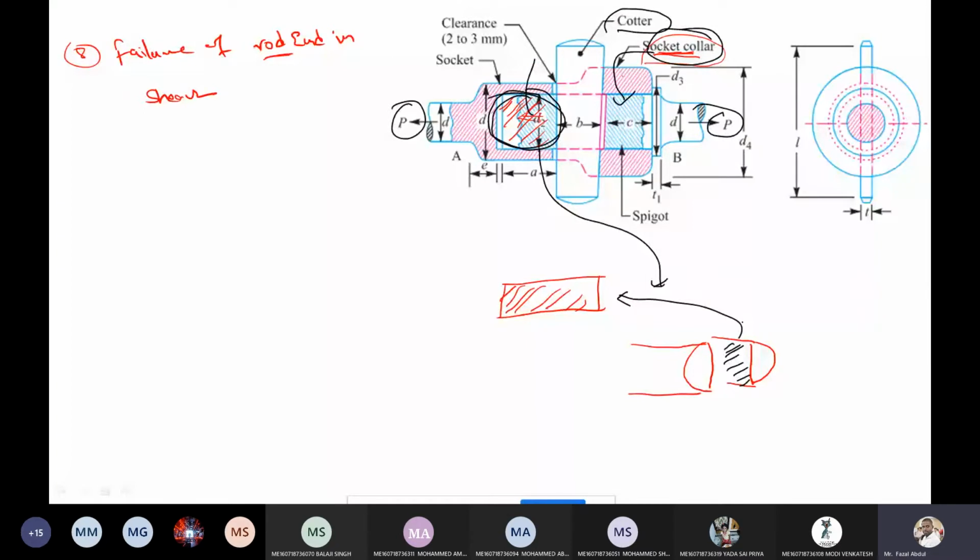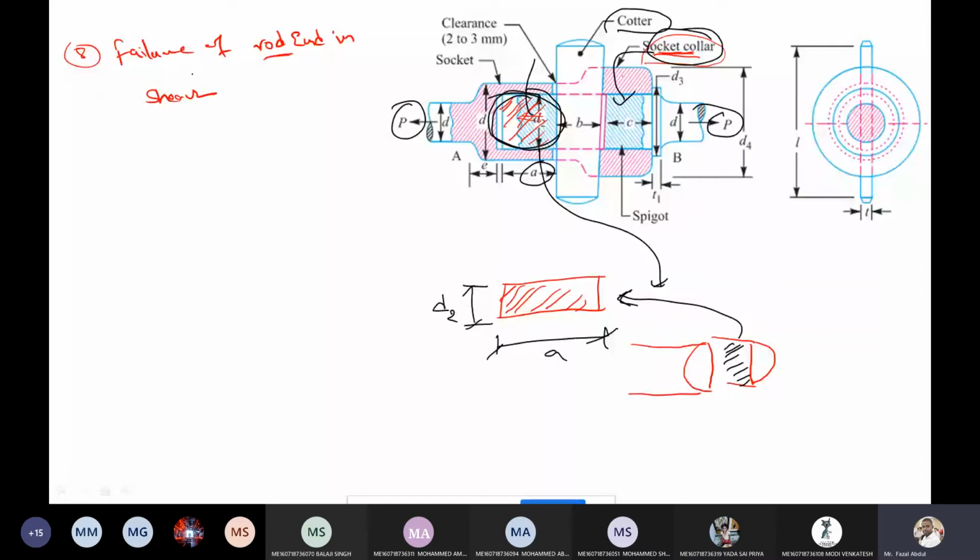The failure area I drew here has thickness D2, the diameter of the rod, and its length, as given in this diagram, is small a.